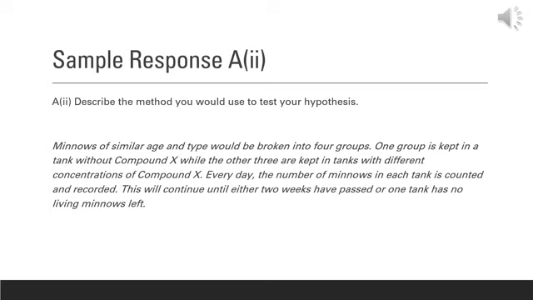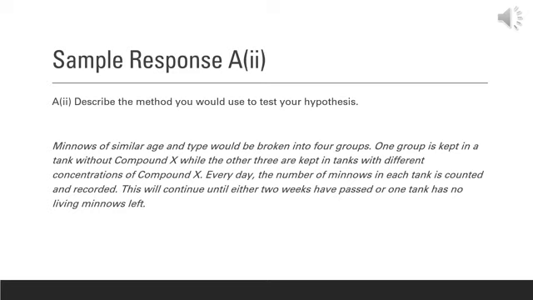Is that going to give us reliable data? The answer to that question is no. In order to understand the connection between compound X and toxicity in minnows, we have to have different dilutions or concentrations. So in this case, we need a minimum of 3 different groups. That is the stance that this response takes.